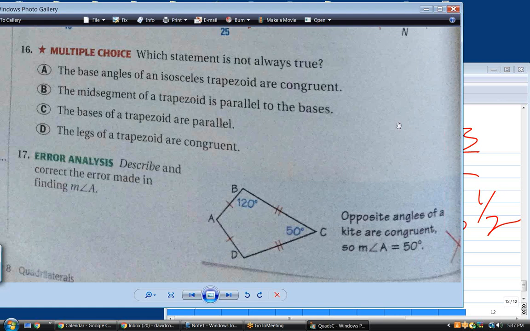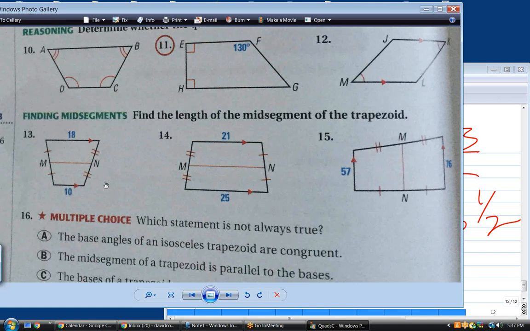The mid-segment of a trapezoid is parallel to the bases. In the pictures we were looking at, it is. Notice that for that to bisect that side and this side, it has to be parallel to these two parallel bases.